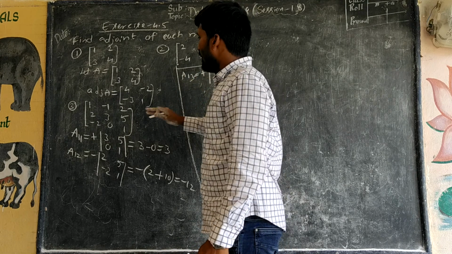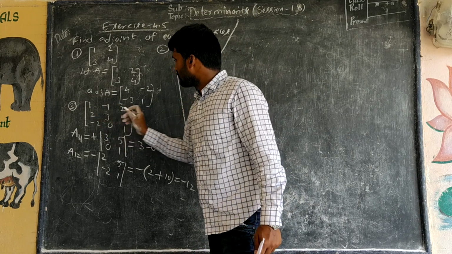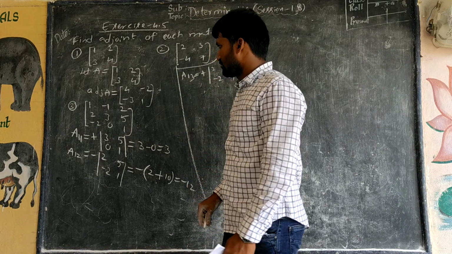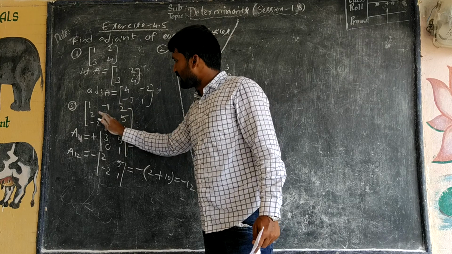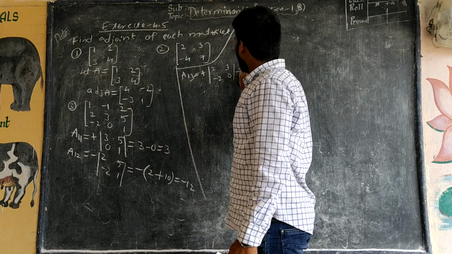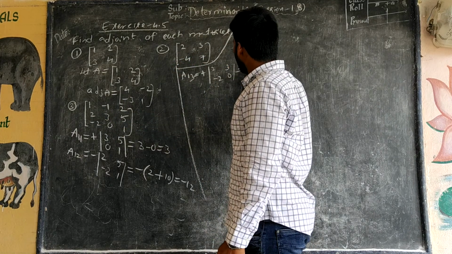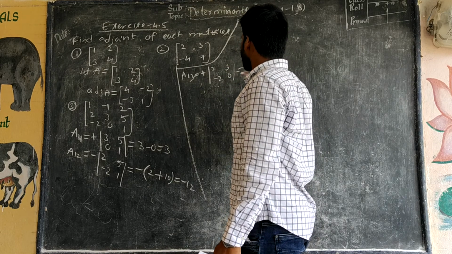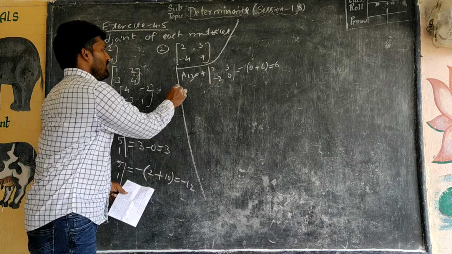By deleting its row and column, the remaining elements are [2 3; -2 0]. 2 into 0 is 0, minus 3 into minus 2 is plus 6, that is 6. Next.